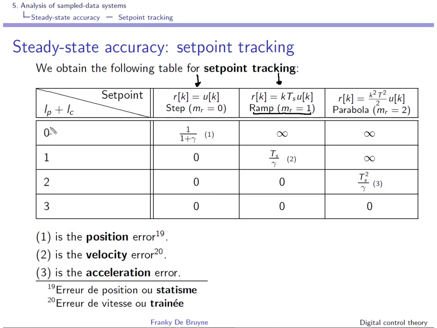If you do not have any integrator in the loop, well, then the steady state error will be infinite. If you have one integrator in the loop, well, then you'll have a steady state error, and this steady state error will be called the velocity error.